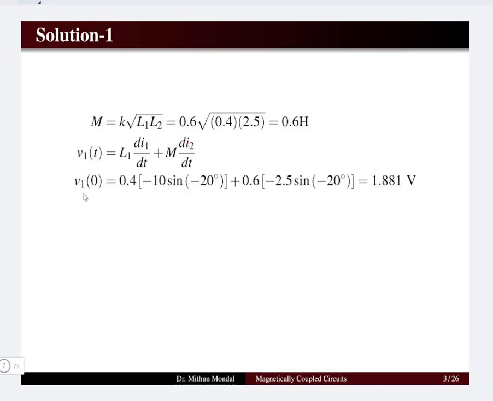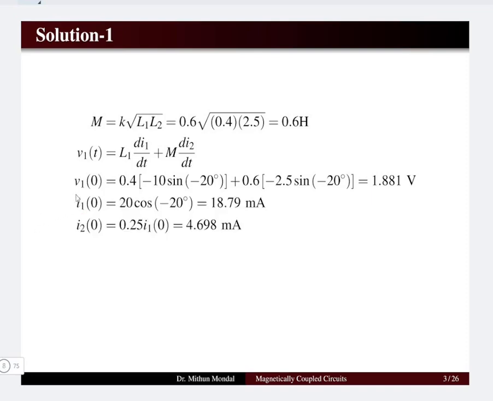We have to find the voltage at time t equal to 0. Substituting the values of the self-inductances, mutual inductance and the current derivatives, we find that the primary voltage is 1.881 volt.